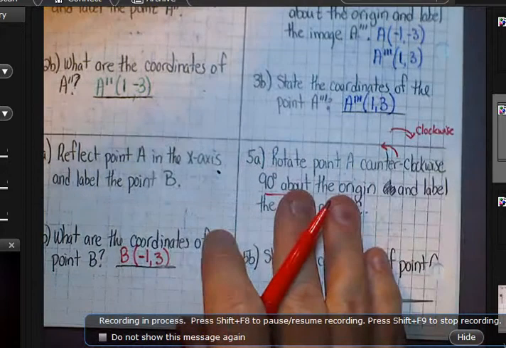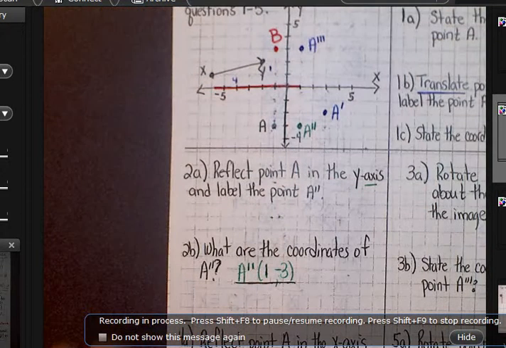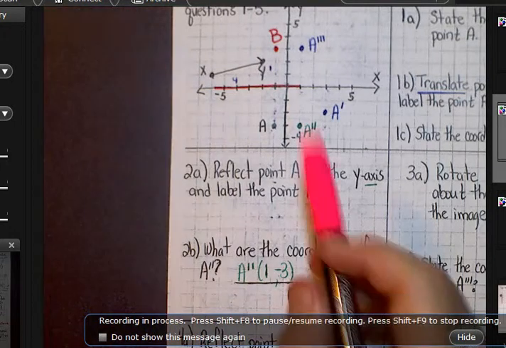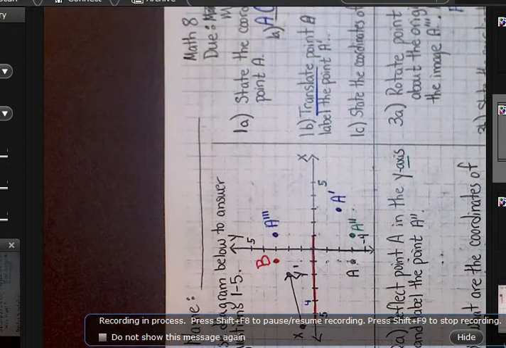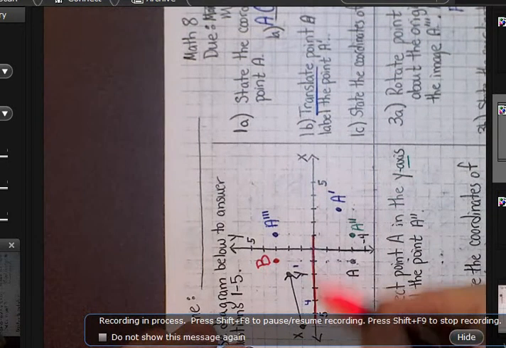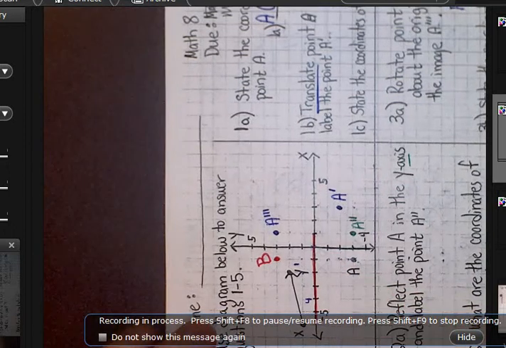So let's go back here. Here's my point A again, right from the beginning. And now what we're going to do is try to rotate this point 90 degrees counterclockwise. So all I'm going to do is take the paper and turn it a quarter turn. When I turn it a quarter turn, this is my new y-axis, this is my new x-axis, and all I do is try to figure out what the coordinates of this point are right now.